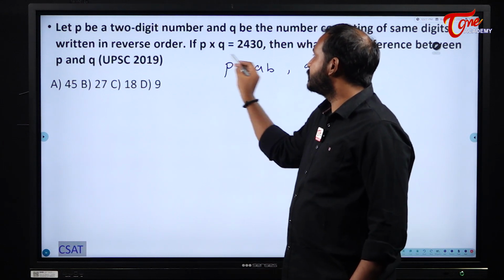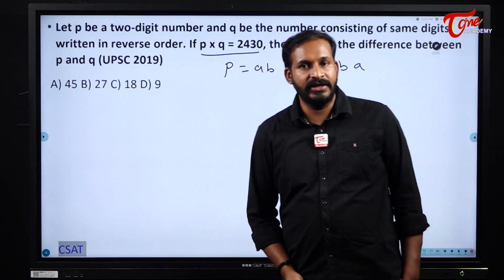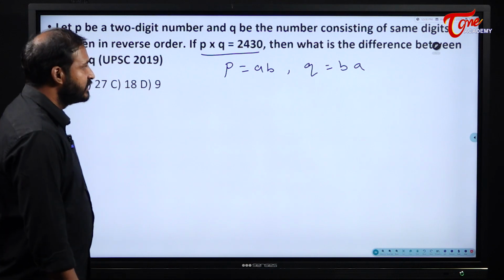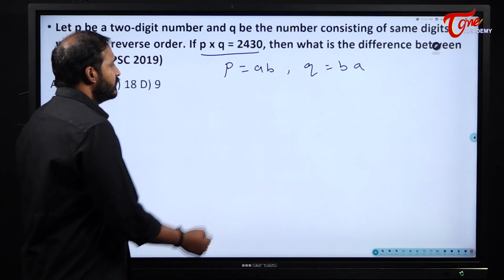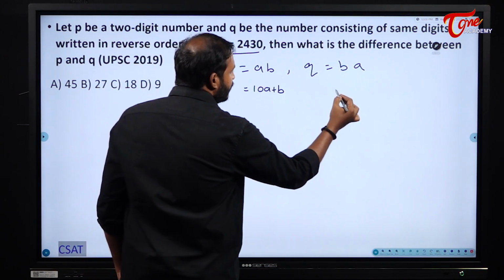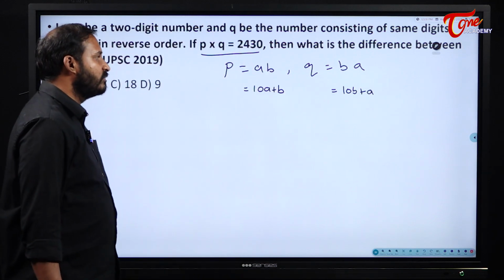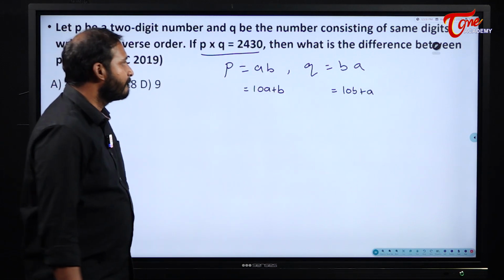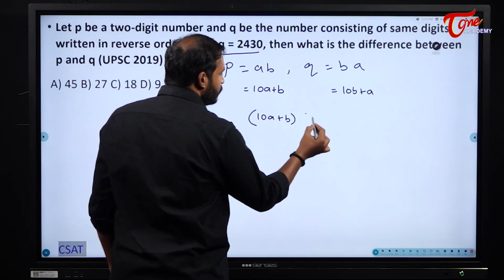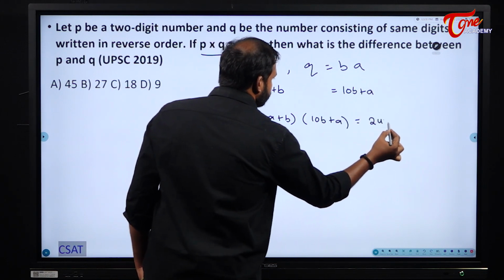If PQ is equal to 2430, that means I need to multiply P and Q. Already I told you, if it is a multiplication case or any mathematical operation, generally we need to take this as 10A plus B and this one as 10B plus A. Now the PQ value: I need to multiply these two. So (10A plus B) into (10B plus A) is equal to 2430.